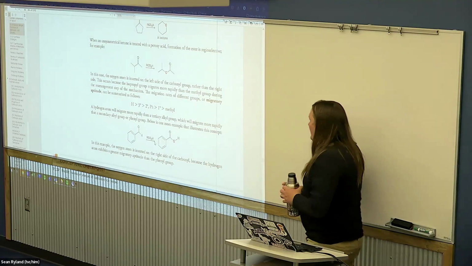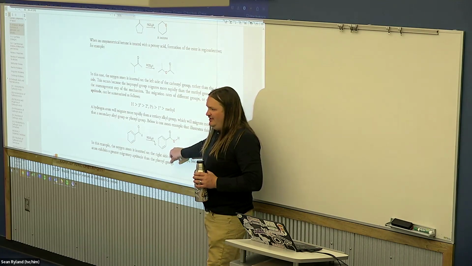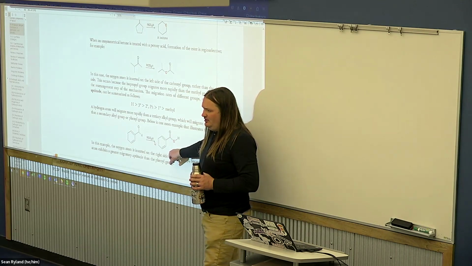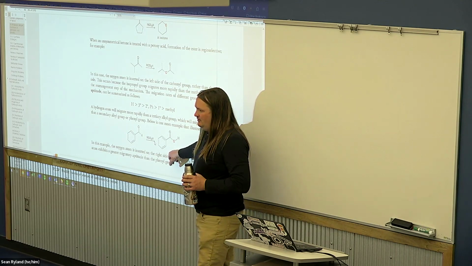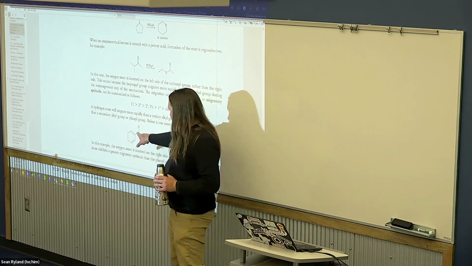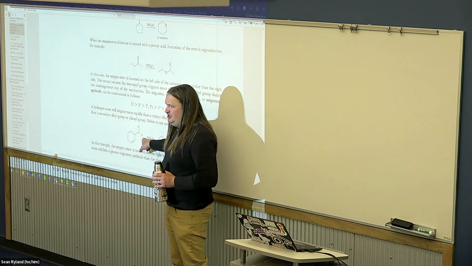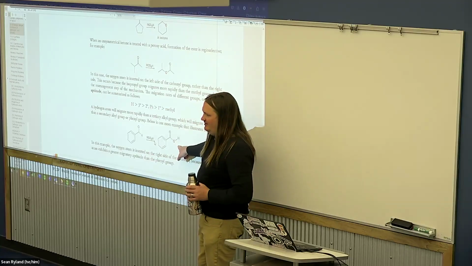So if it's an aldehyde, we just make a carboxylic acid, because the hydrogen moves faster than anything. A hydrogen is more stable than any carbocation. So if we had to choose between the phenyl group and the hydrogen, the hydrogen is going to be the one that rearranges, so that we get a carboxylic acid.